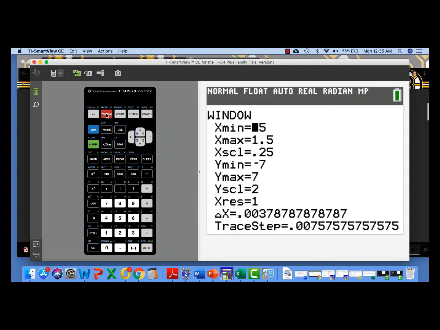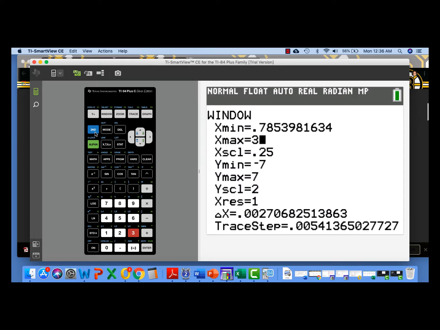it starts at pi over 4, so that should be my x min. I'm going to put in for my x min pi divided by 4, and it will automatically change it to a decimal value for you. My maximum, if you look at the ending point of my cycle, that's going to be at 3 pi over 4.